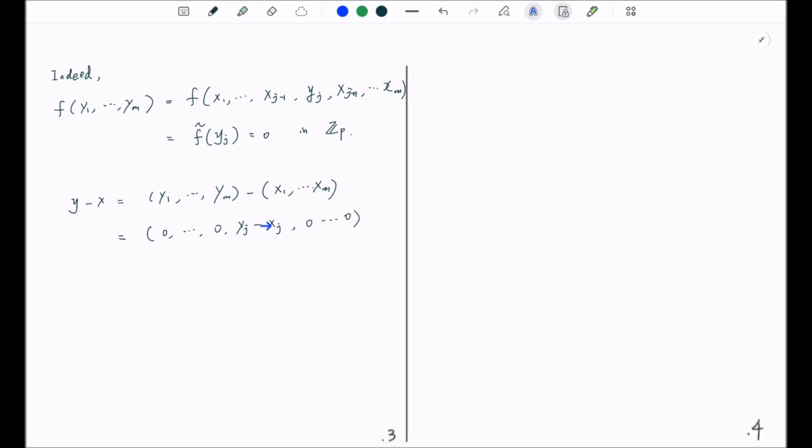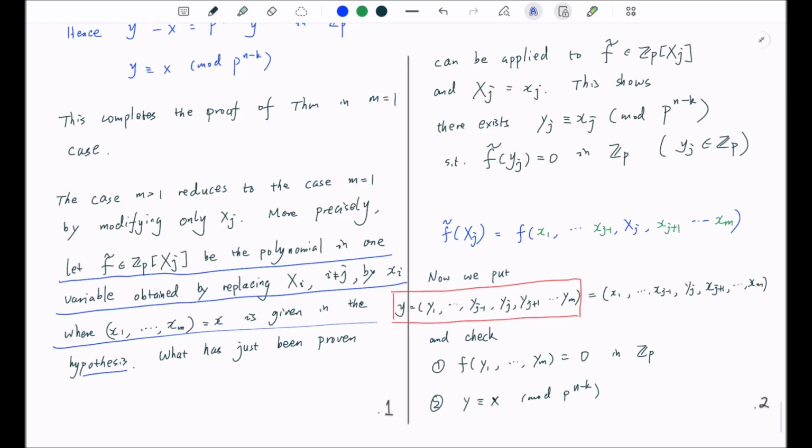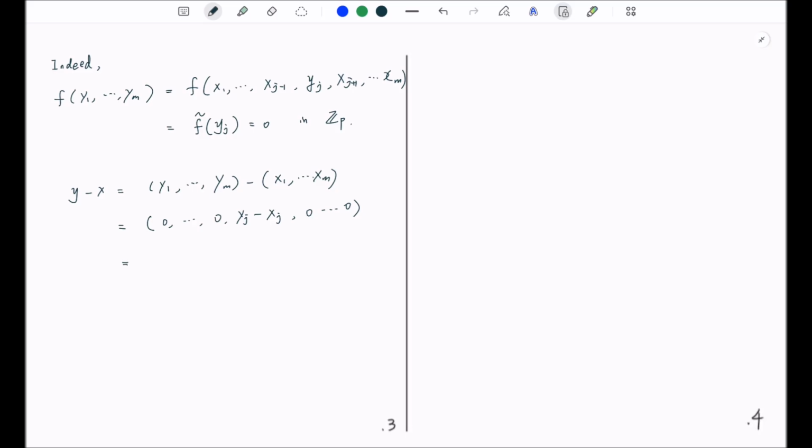But this guy is congruent to 0 modulo p to the power n minus k. This is what we have established in the first step for the single variable case. So this is congruent to 0 modulo p to the power n minus k. So we have constructed this little y as desired. And this completes the proof of theorem 1.